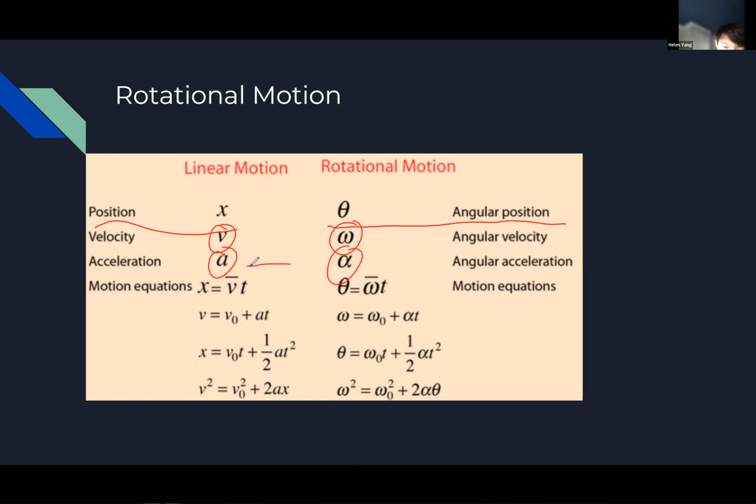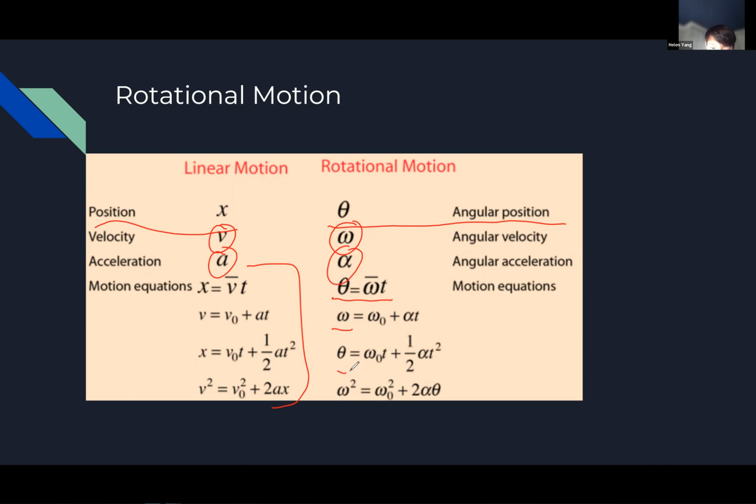So the big five equations we use for kinematics in linear motion are these, and they're the same thing in rotational motion, it just looks different. So instead of x, theta is equal to angular velocity times time, and the final angular velocity is equal to the initial angular velocity plus angular acceleration times time.